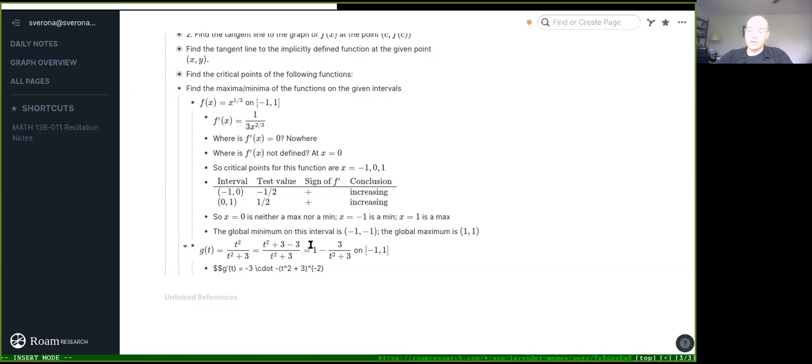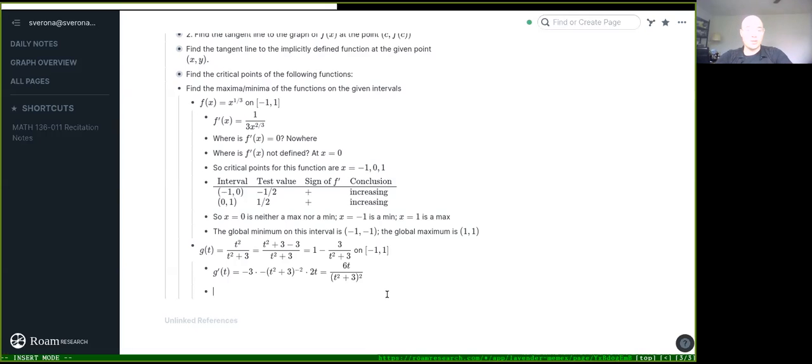But remember, I have to account for chain rule. Chain rule gives me a 2t from the derivative of t squared plus 3. And so if I clean this up a bit, I think I'm going to get 6t over t squared plus 3 squared. Well, this looks bad, but it's not actually terrible.